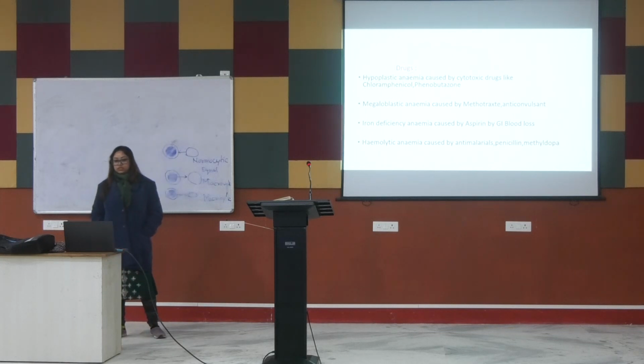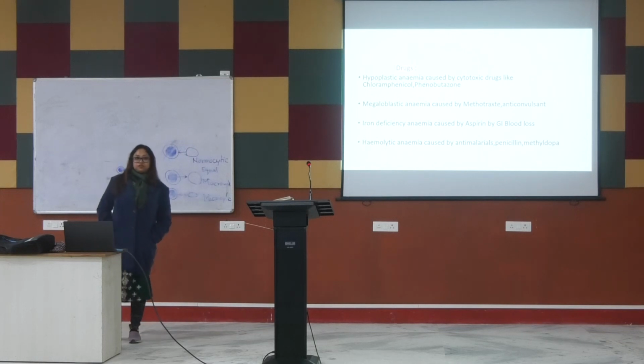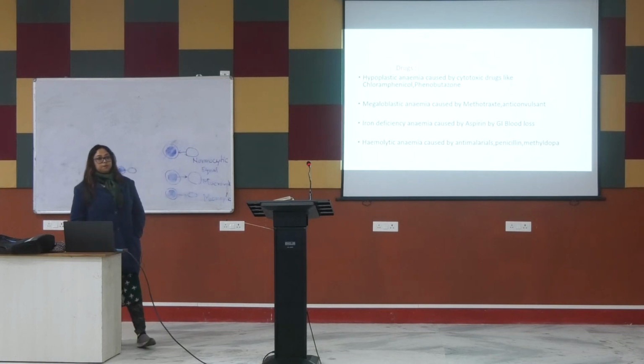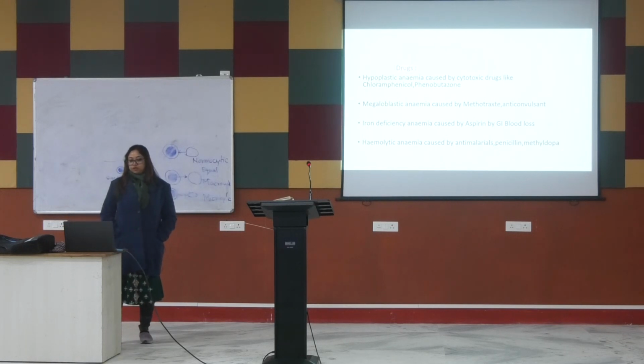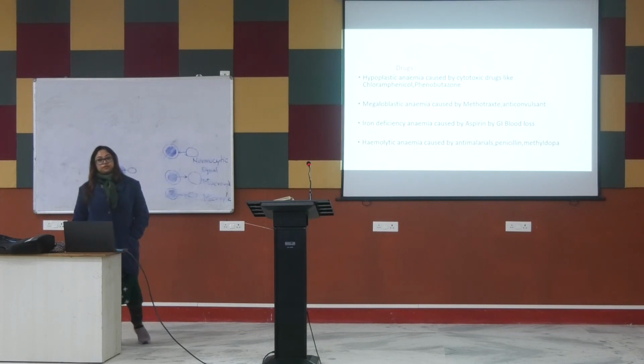পরের অংশে যাচ্ছি, সেটা হলো ড্রাগ হিস্ট্রি। পেশেন্টের ড্রাগ হিস্ট্রিটা আমাদের নিতে হয়, কারণ there are so many drugs causing different types of anemias. So drug history taking is a very important part. Hypoplastic anemia caused by cytotoxic drugs like chloramphenicol and phenylbutazone.